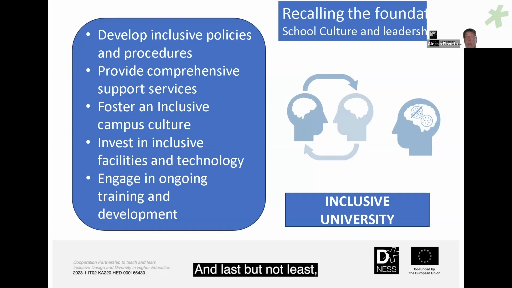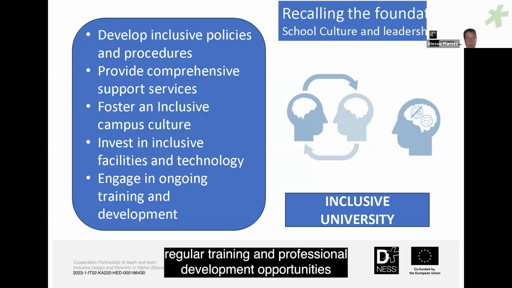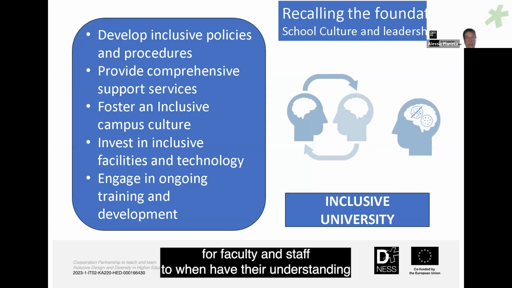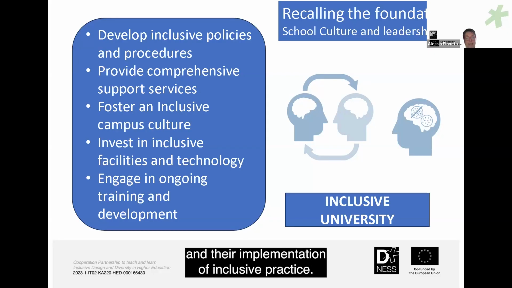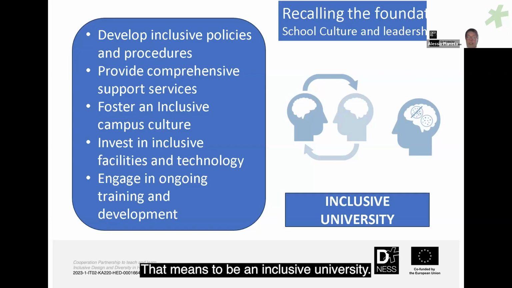And last but not least, the university should provide regular training and professional development opportunities for faculty and staff to enhance their understanding and their implementation of inclusive practice. That means to be an inclusive university.